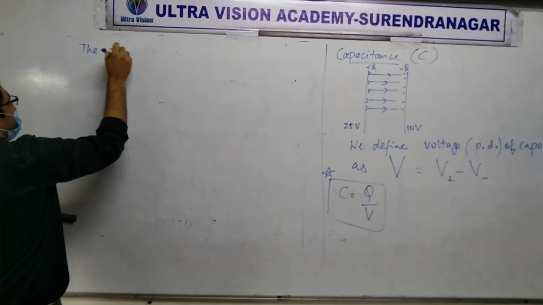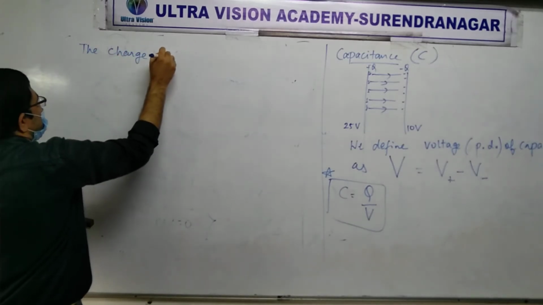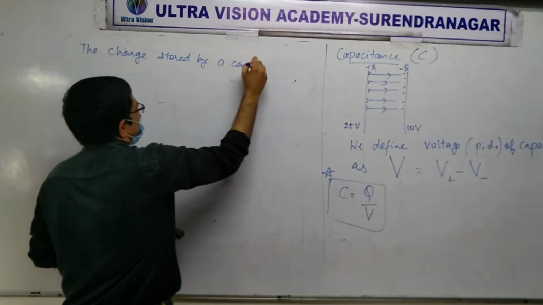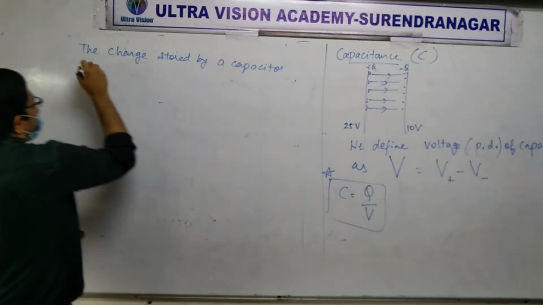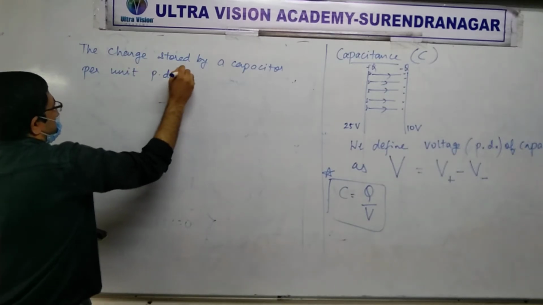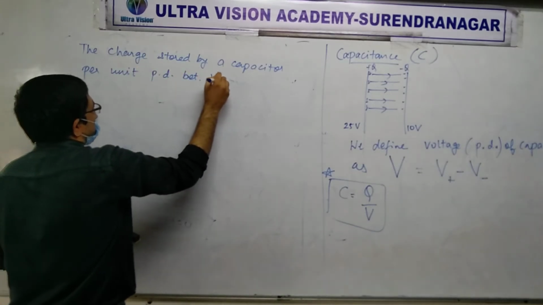The charge stored by a capacitor for unit potential difference between the conductors is called the capacitance of the capacitor. Is the meaning clear?